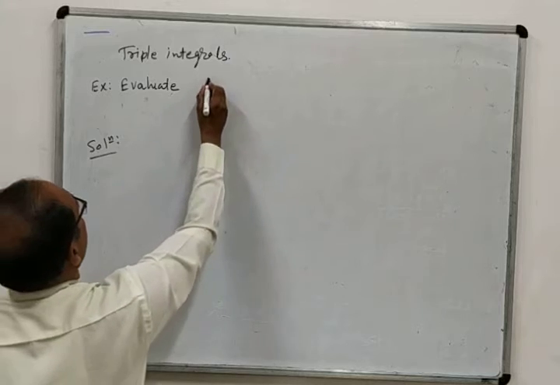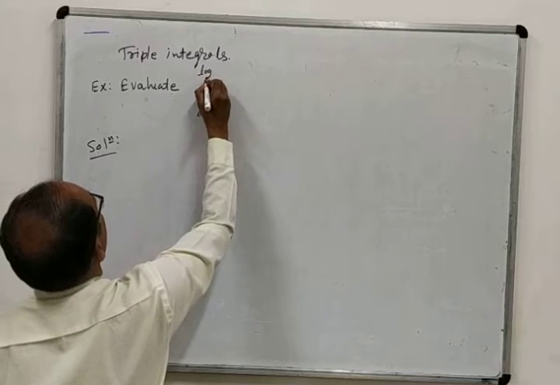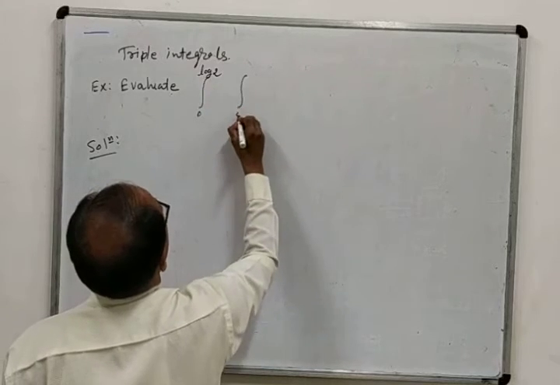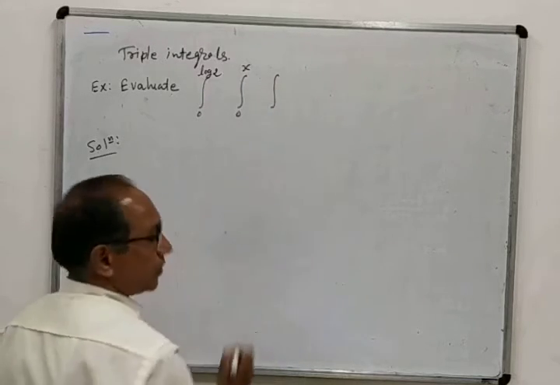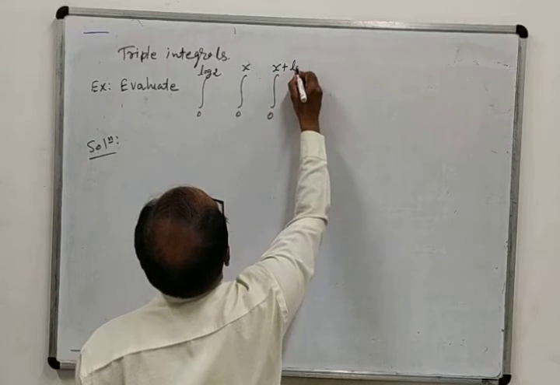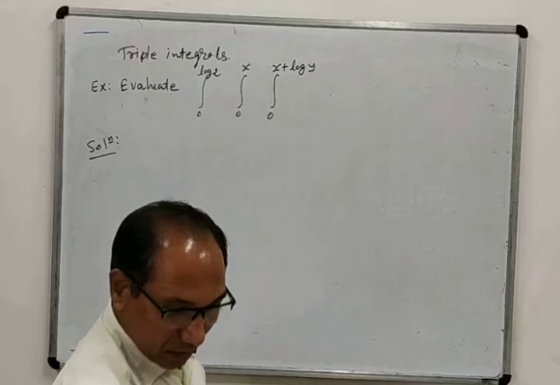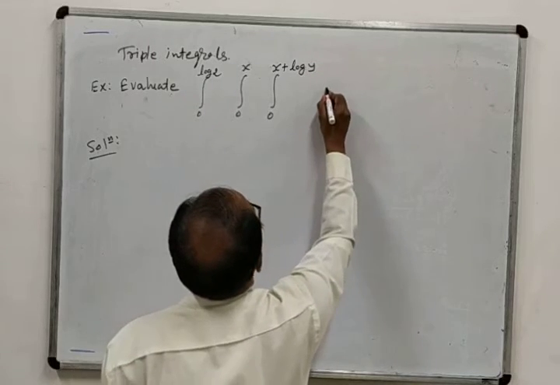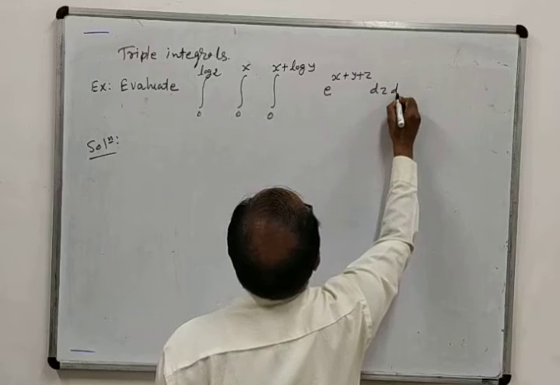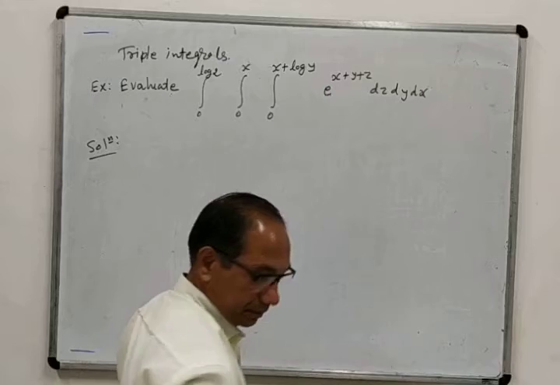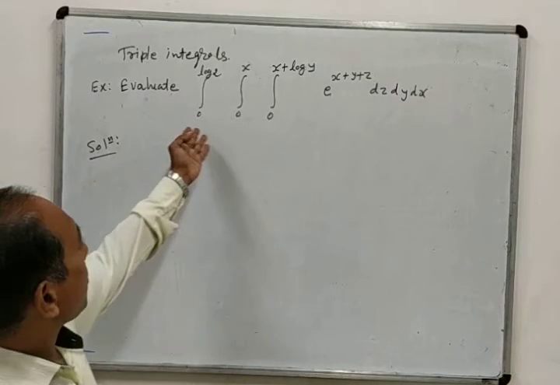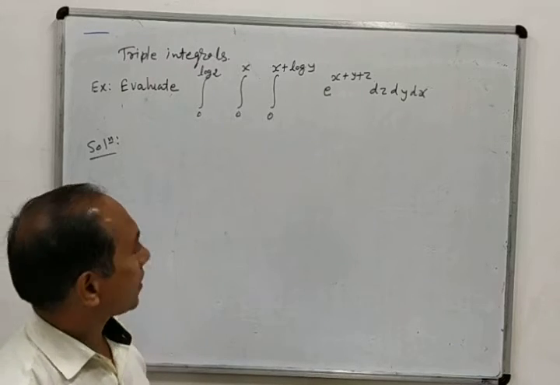Evaluate the integral from 0 to log of 2, integral from 0 to x, integral from 0 to x plus log y, of e raised to x plus y plus z dz dy dx. Okay.